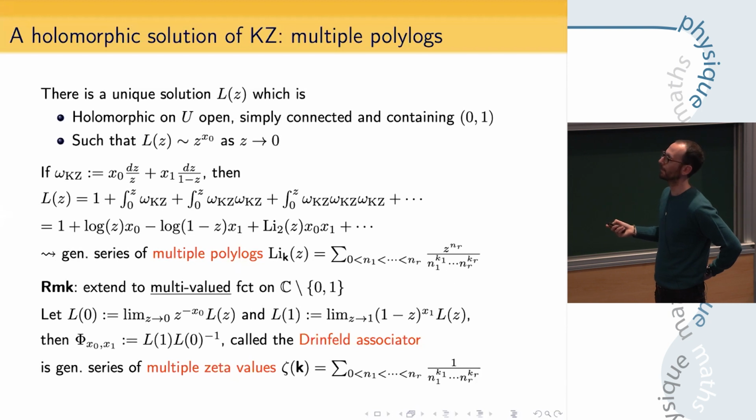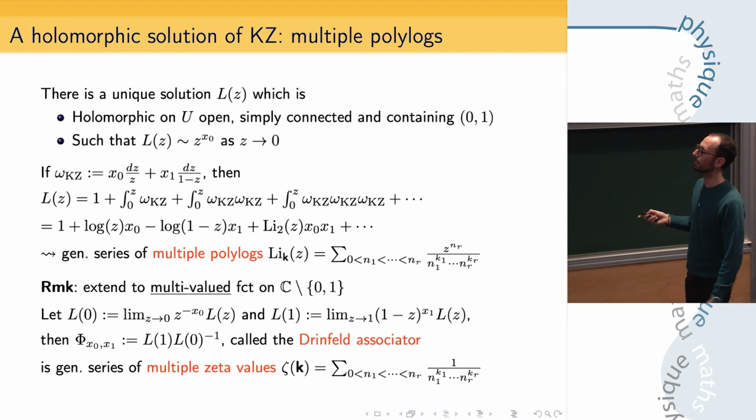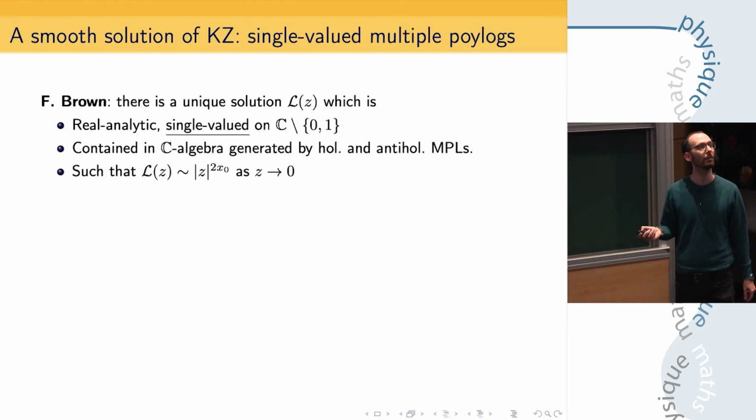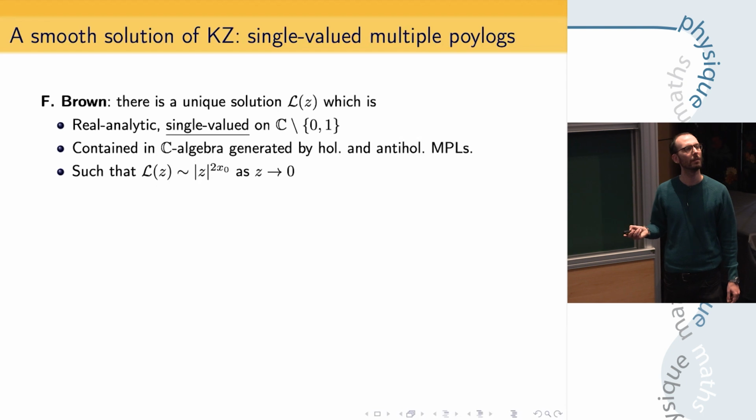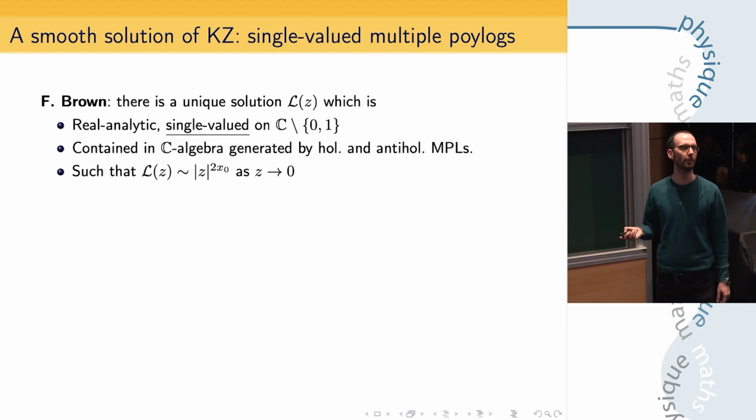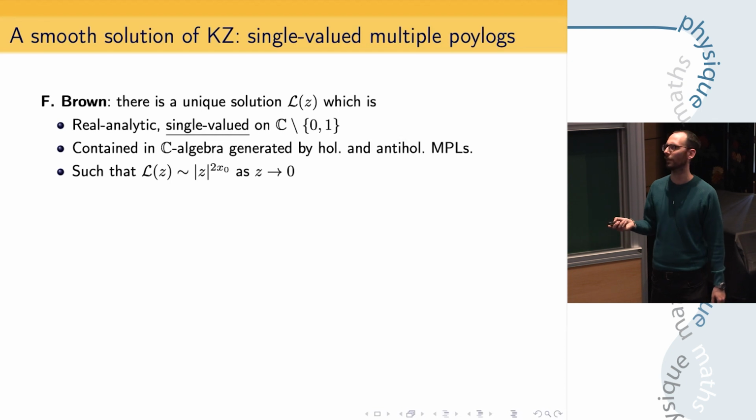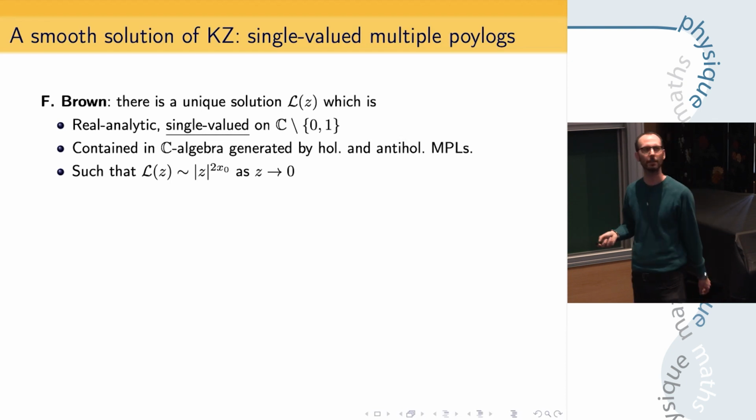So you define this to be the exponential of x0 log z. Yeah. x0 is non-commutative, so the limit is on the left side and not on the right side. I may be wrong on that. I sometimes mix up the notations. Yes, thanks. I didn't think about that. It might be on the other side.